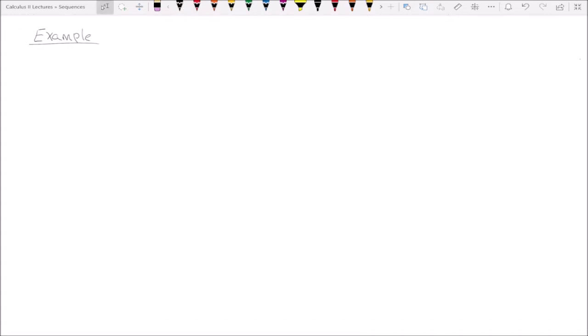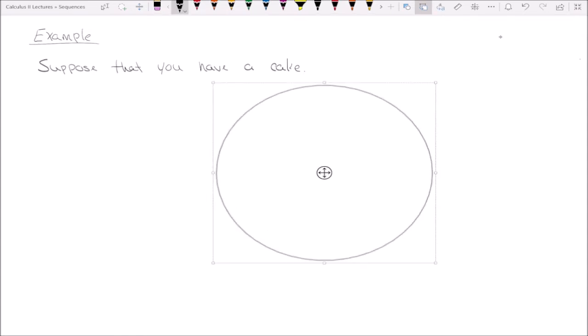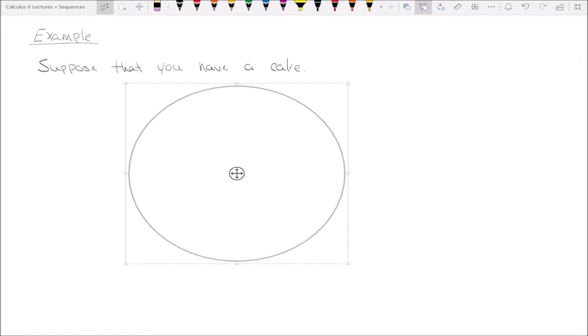So another example. Let's suppose that you have a cake. So let's draw a circle. And so let's say that this represents our cake.